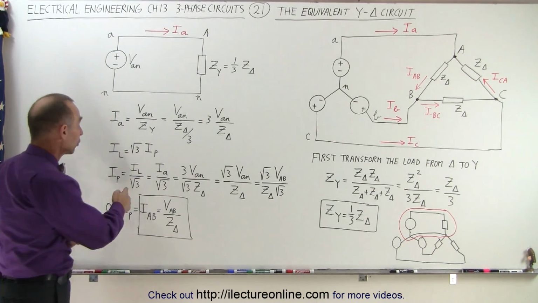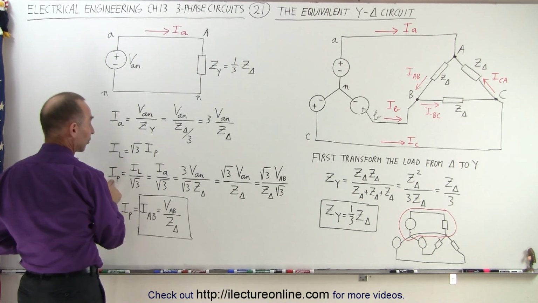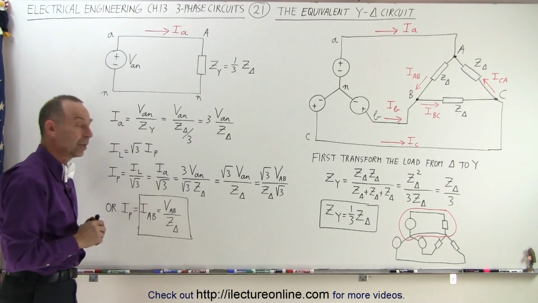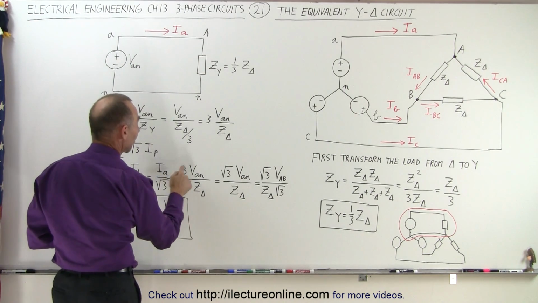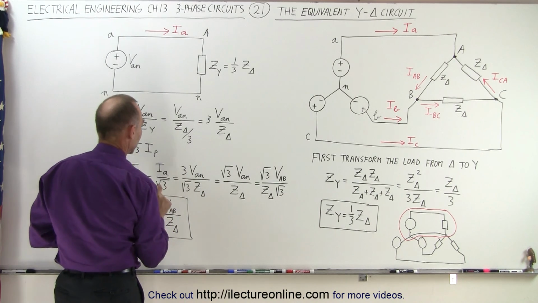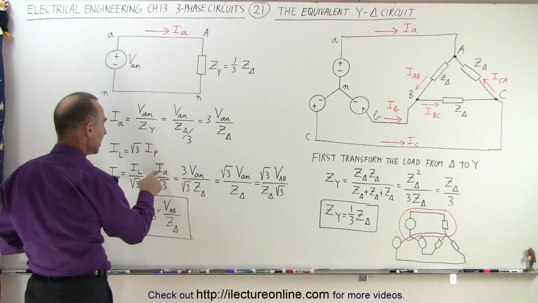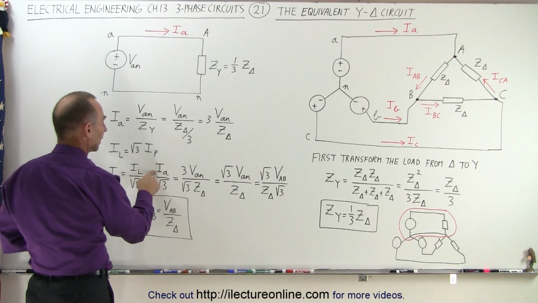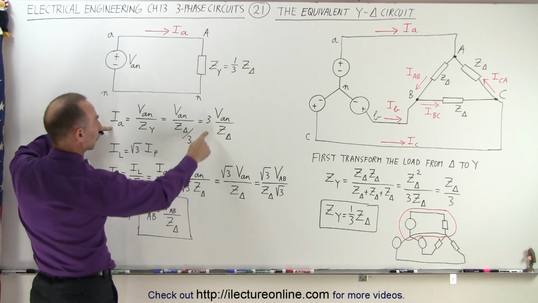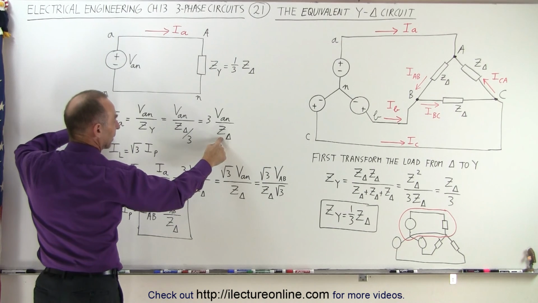In this case, the load current we can take as IA. So that means that the phase current that we're looking for is equal to IA divided by the square root of 3. Notice that IA is going to be equal to 3 times the phase voltage divided by the delta impedance.